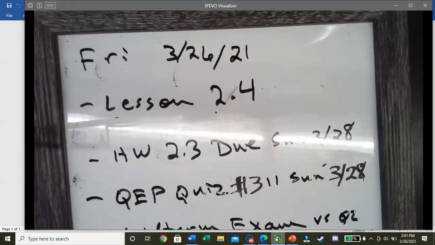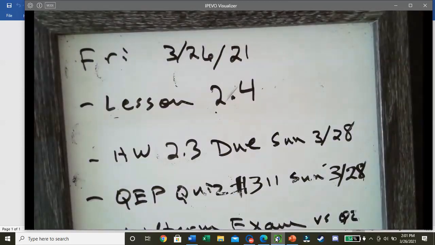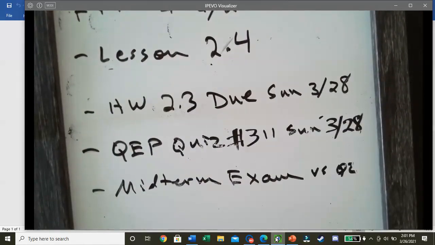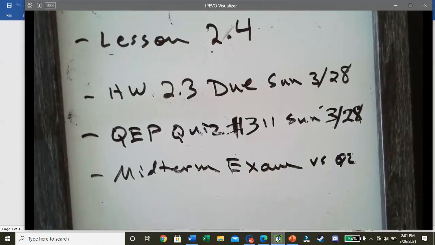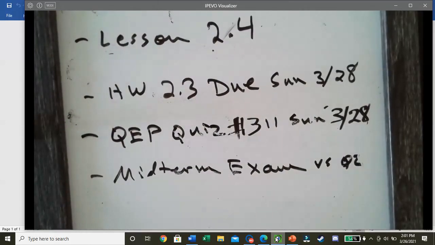Okay, we're going to go ahead and get started. Today is Friday, March 26th. We're going to go over lesson 2.4 today. Homework that's due this weekend is lesson 2.3.